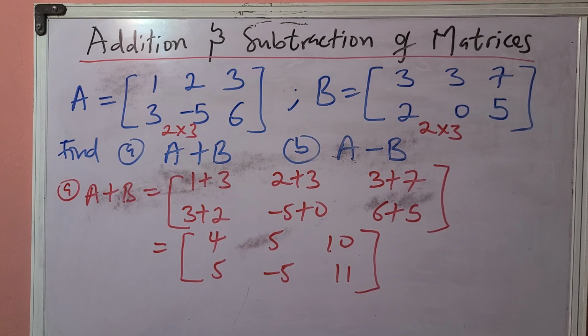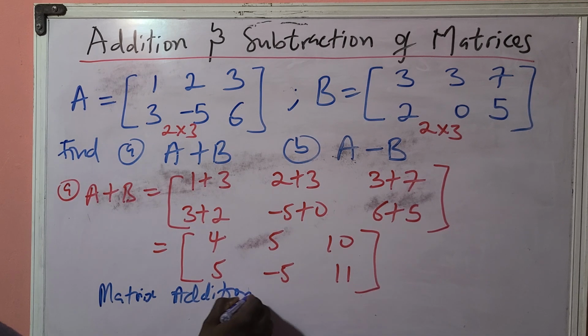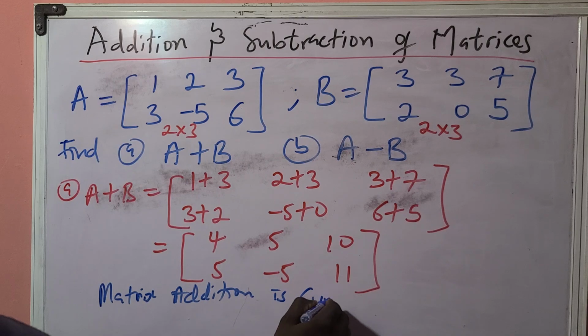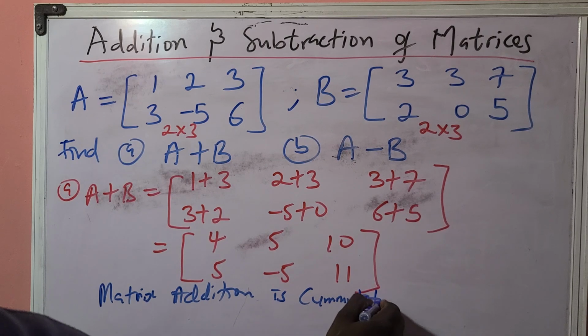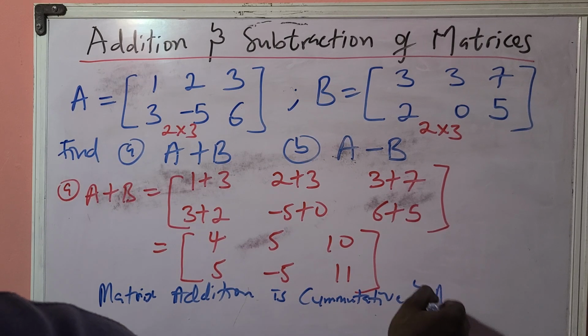So let me quickly draw a rule of thumb. You should always remember that matrix addition is commutative and associative.